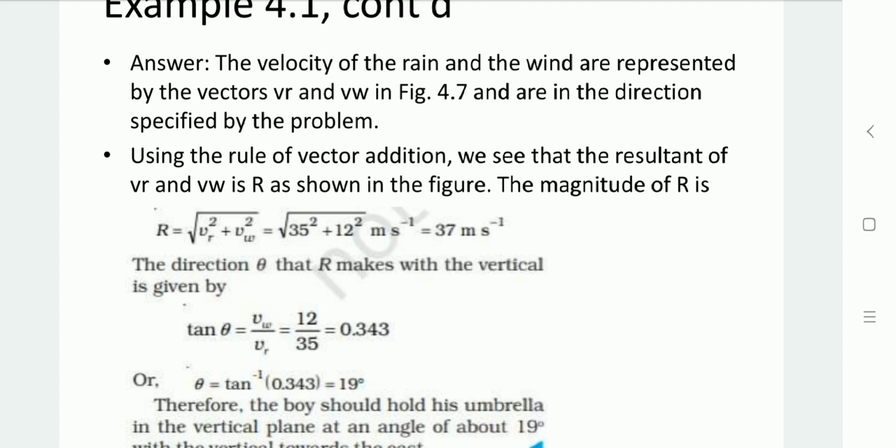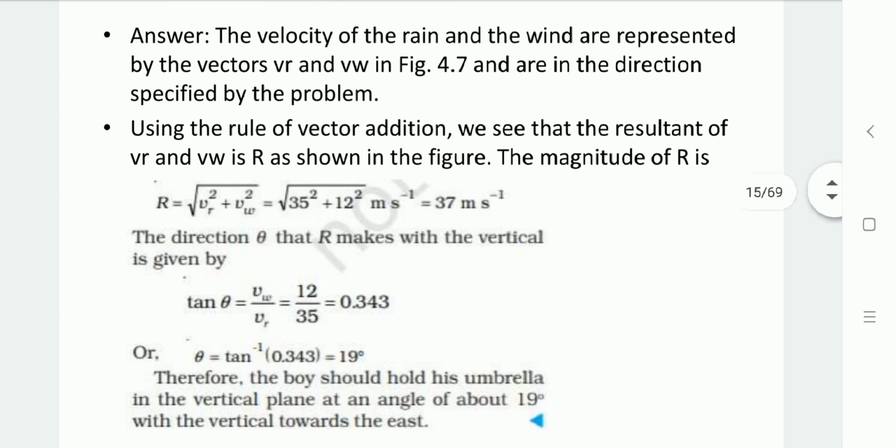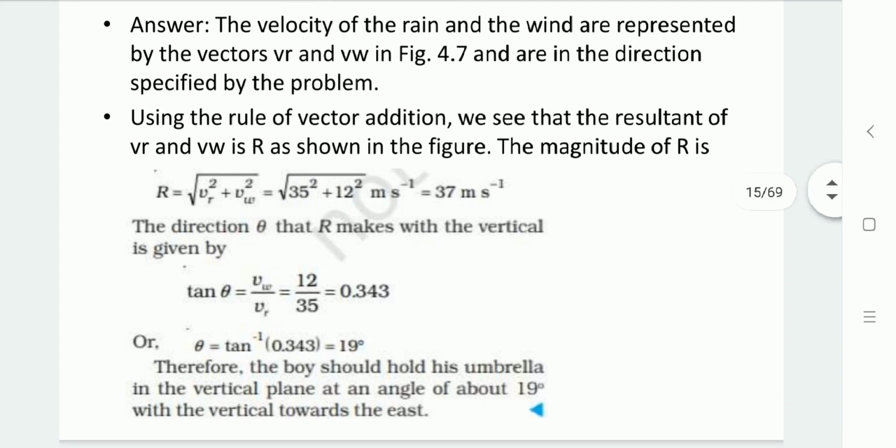Now theta equals tan inverse of 0.343. So by analyzing this value, we can say that the boy should hold his umbrella in the vertical plane at an angle theta with the vertical towards east.